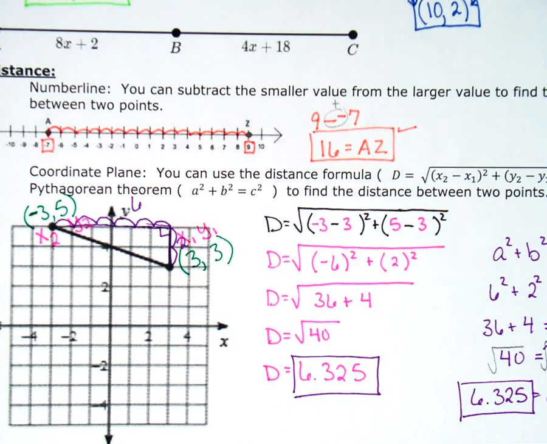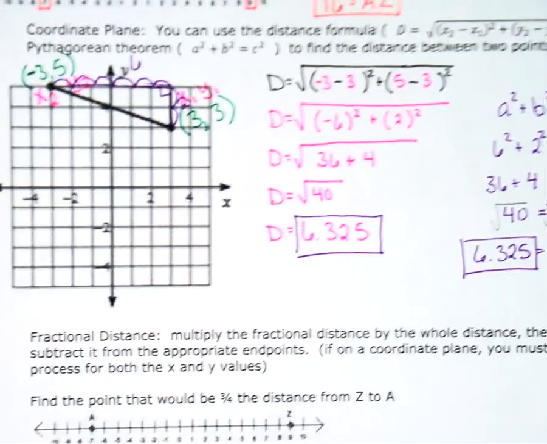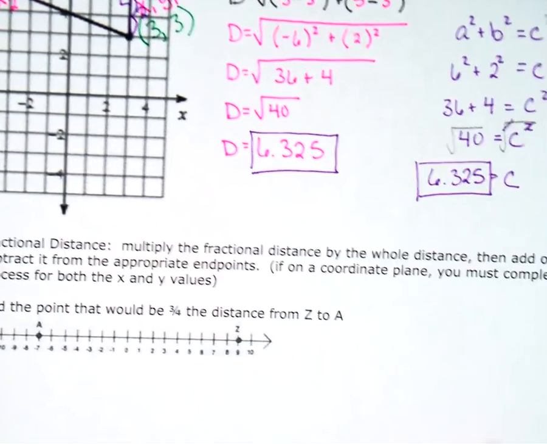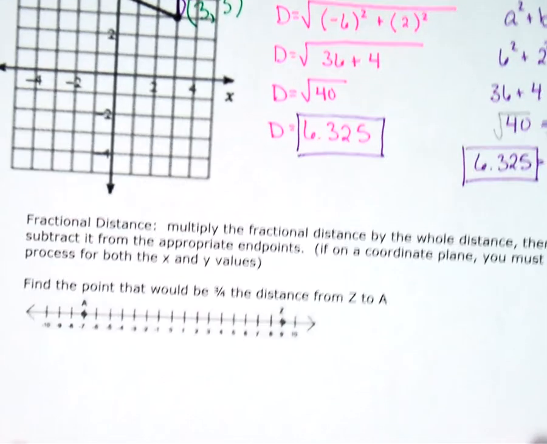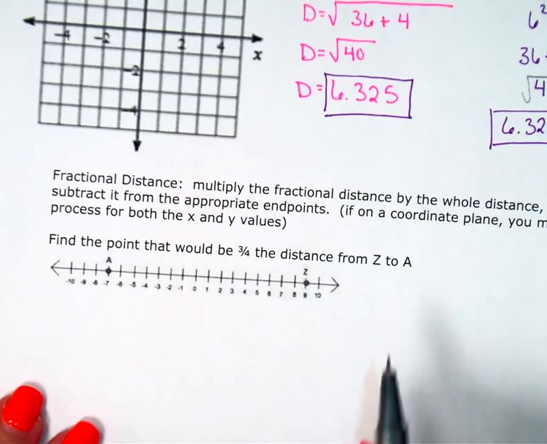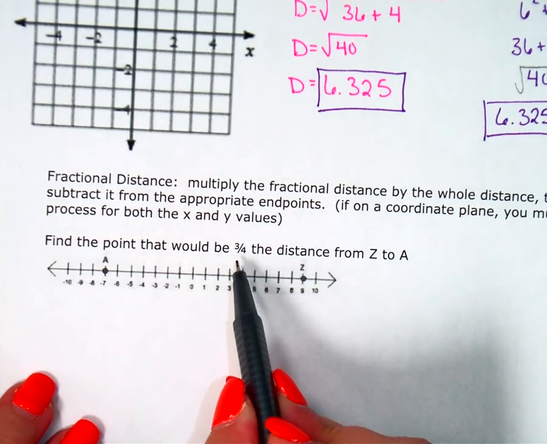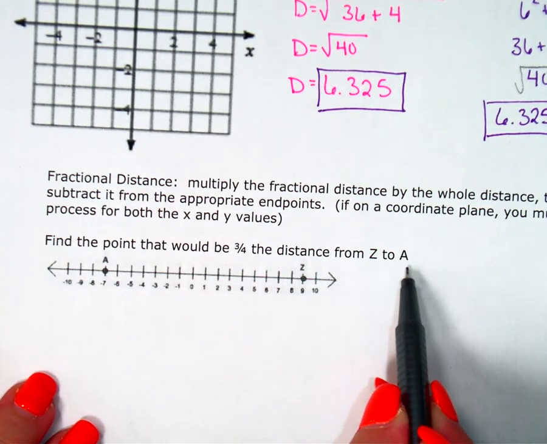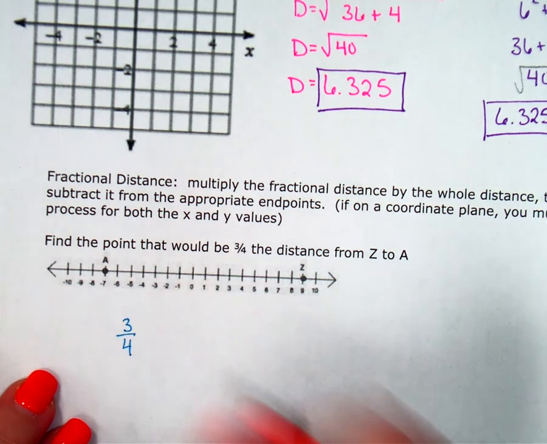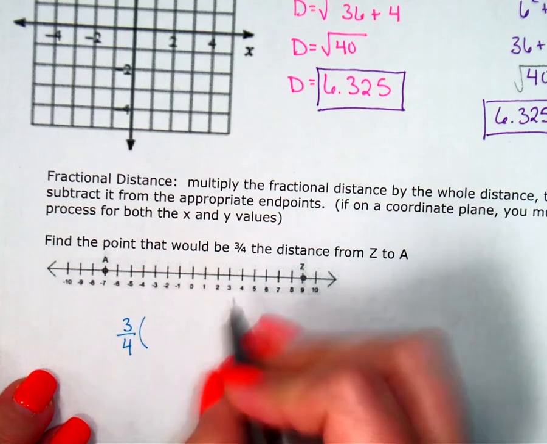Okay? And the last type of distance we looked at in this unit 1A was fractional distance. For fractional distance, we need to multiply the fractional distance by the whole distance, and then we're going to subtract it from the appropriate endpoints. So here's what we're doing. We need to first find, if I want to know what 3/4 the distance from Z to A is, I'm going to multiply 3/4, the fractional distance, times the whole distance.